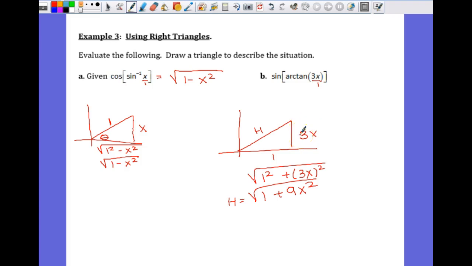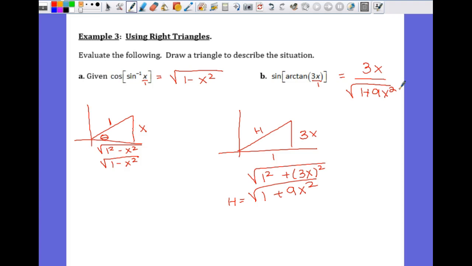So the opposite is 3x. So the sine is 3x over square root 1 plus 9x squared. We're going to leave this down, because when we get back, when we do inverse derivatives, you're going to see how this answer reflects to that. Because the inverse sine has a square root.